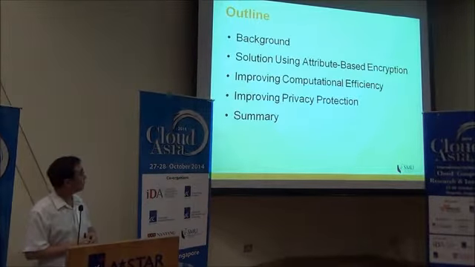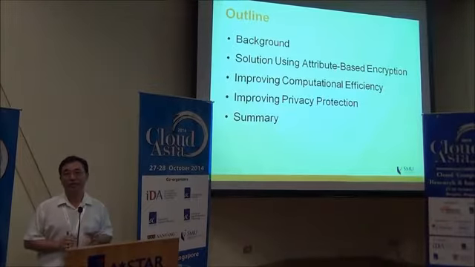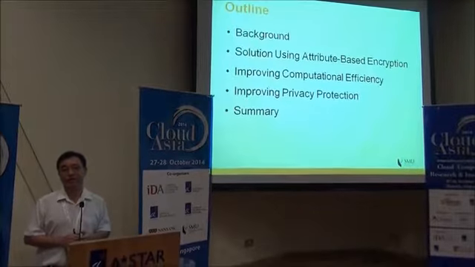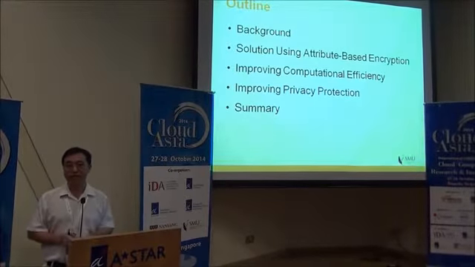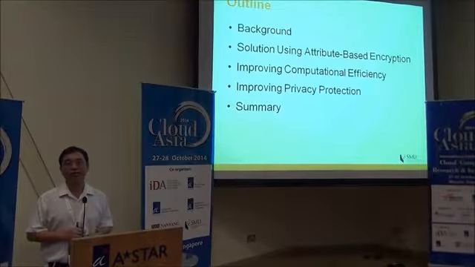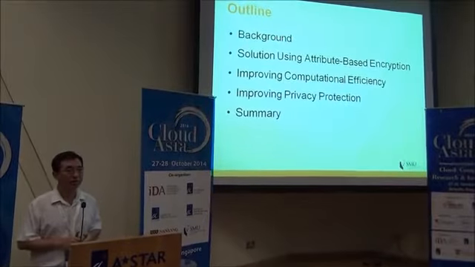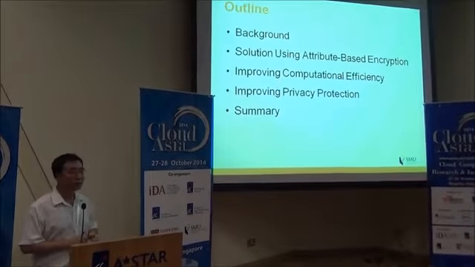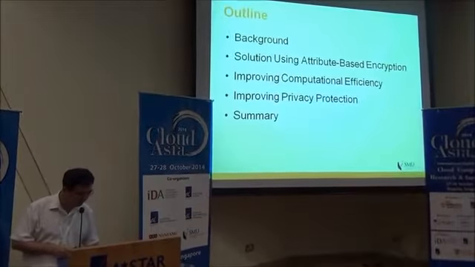And the next two topics are to make the solution practical. So how to improve the efficiency of the system, so that even mobile users can benefit from the technology, and also to improve the privacy protection. Right.